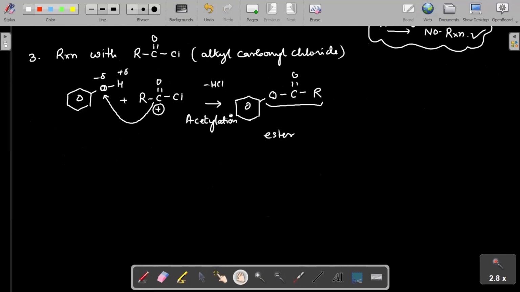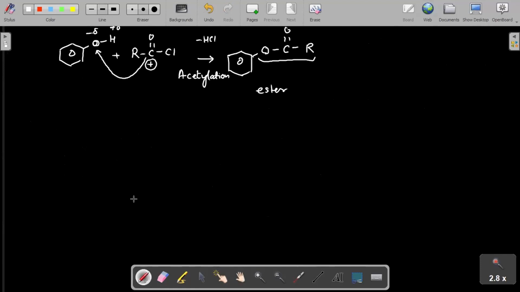Next, see the reaction with acid anhydride. Again, it gives a similar reaction.